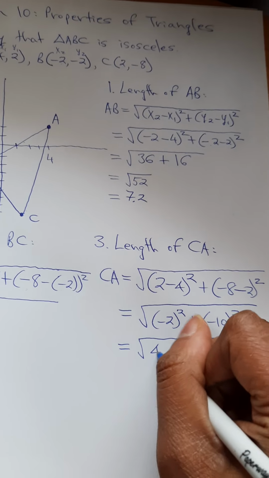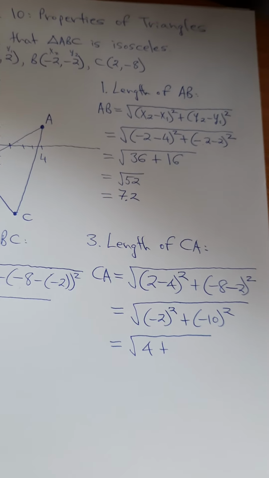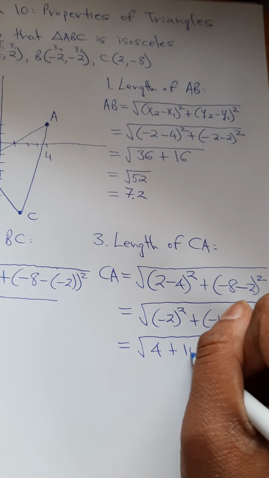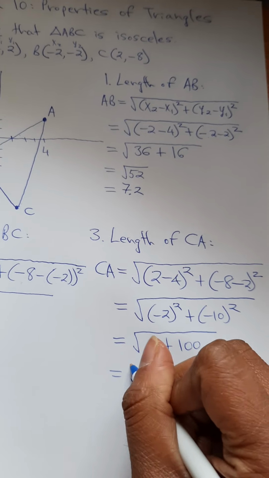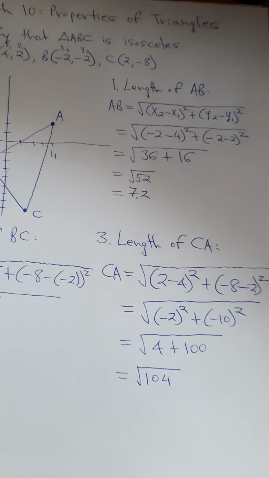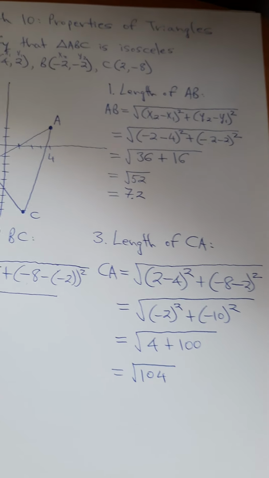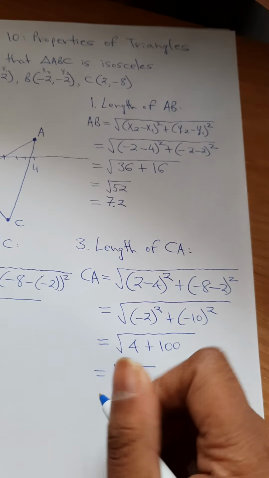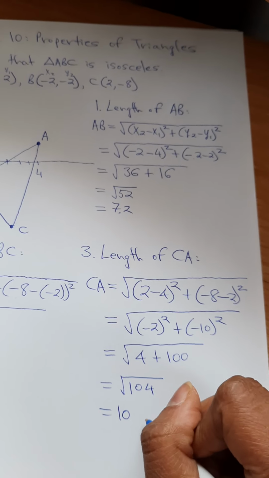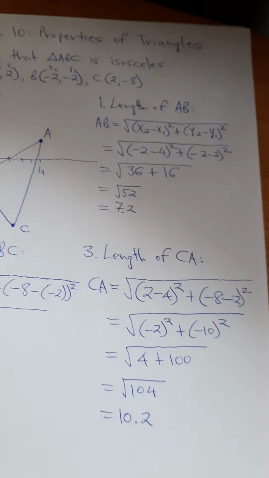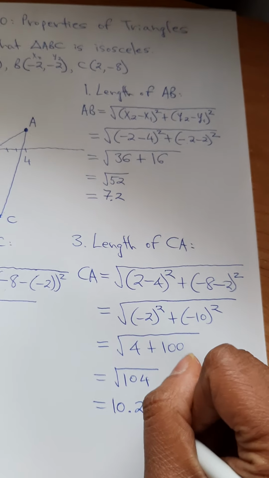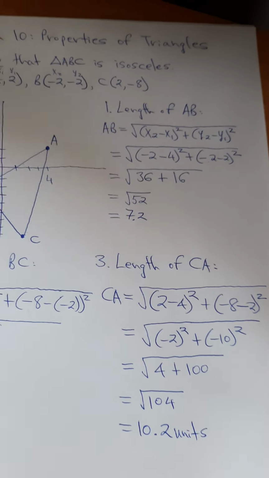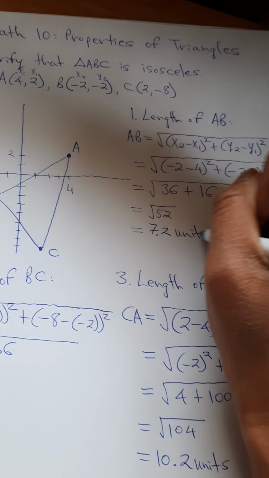So negative 2 squared is equal to 4 plus negative 10 squared, which is equal to 100. This is the square root of 104. I'm going to put it in my calculator, and we're rounding it to one decimal place. So 10.2. Actually, what you should be writing here is just units.